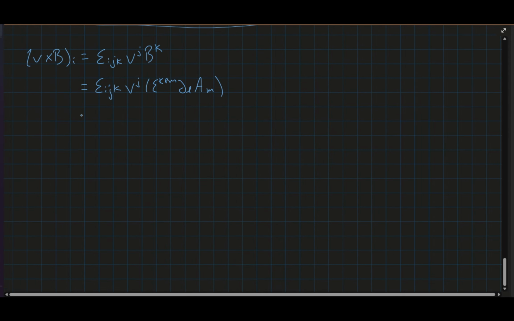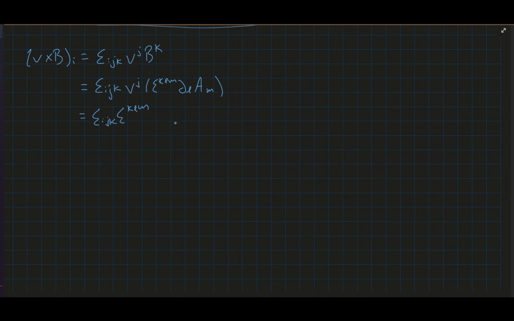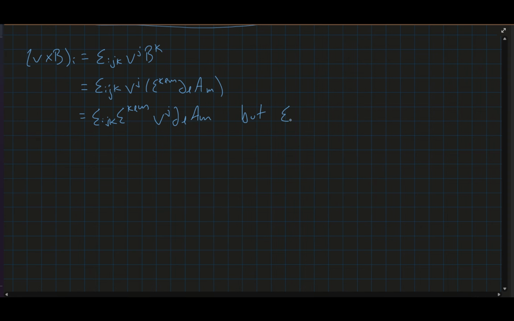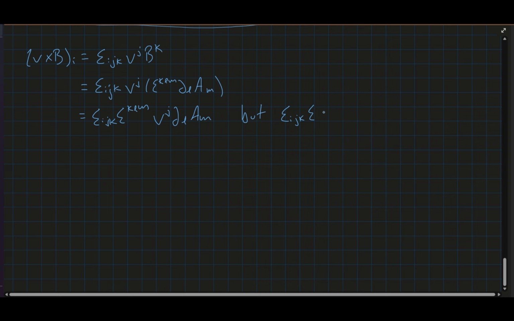Okay, so let's bring the Levi-Civita tensors together. But we know, you can find this on Wikipedia or something similar, that epsilon_ijk downstairs times epsilon_pqk upstairs is going to be this combination of deltas.